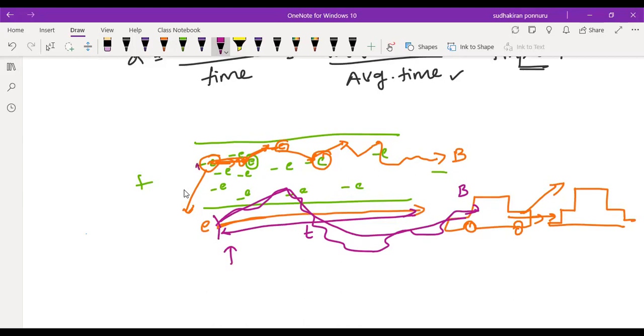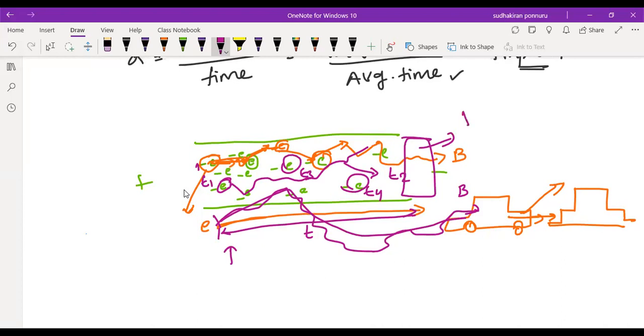Similarly, another electron will also have collisions with other electrons, travel in some other direction, and have some time t2. For this electron let it be T1, for this electron T2, for this one T3, and for this one T4, and finally they all reach point B. Each and every electron has a different time of travel.